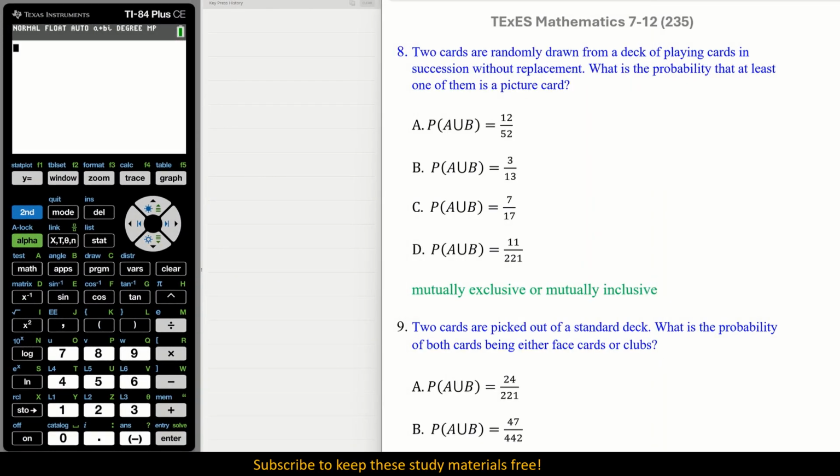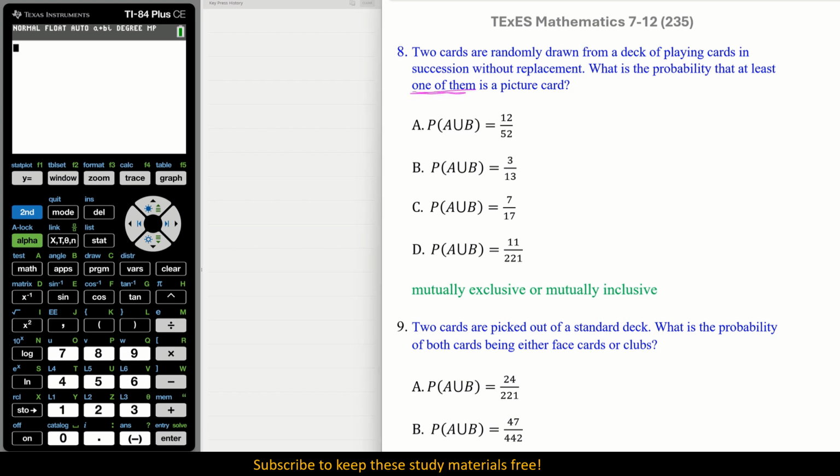Number 8: 2 cards are randomly drawn from a deck of playing cards in succession without replacing. What is the probability that at least one of them is a picture card?